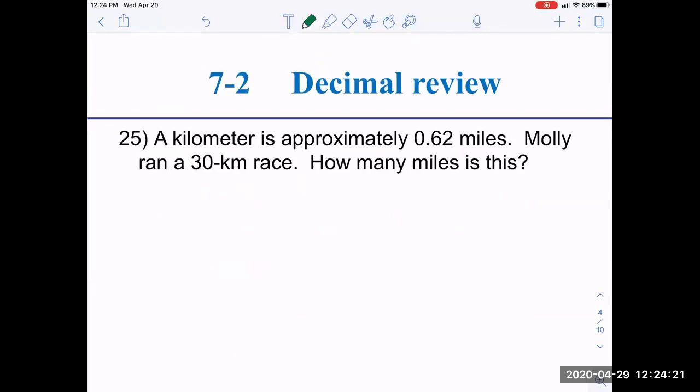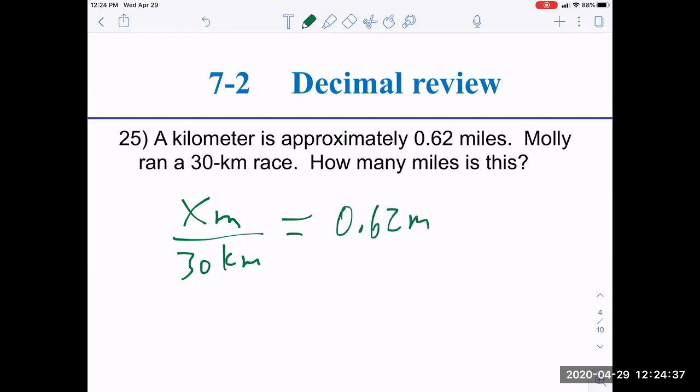So she ran 30 kilometers. We're looking for how many miles. So x is the miles in the 30-kilometer race. Hey, that's what I ran this morning. So there's 0.62 miles per 1 kilometer.